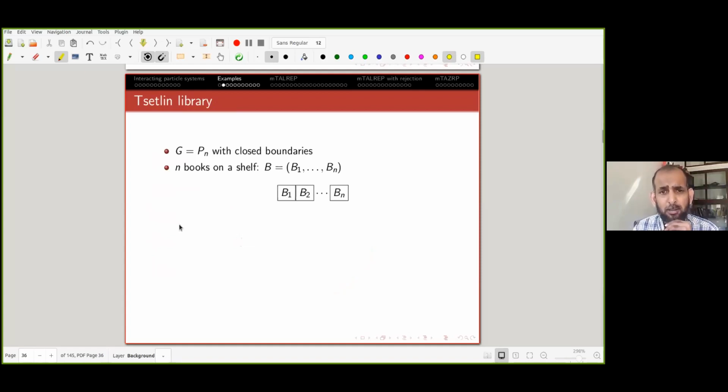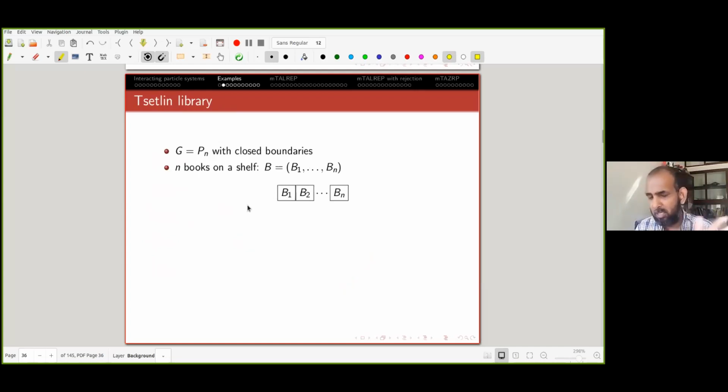Okay, so let me give you some examples. The example that most of you might have seen is the Tsetlin library, where you think of n books living on a shelf, all distinct, and each arrangement is therefore a permutation. So for example, here's an arrangement of books. The graph is a path graph.